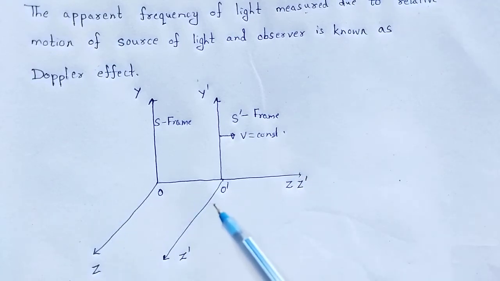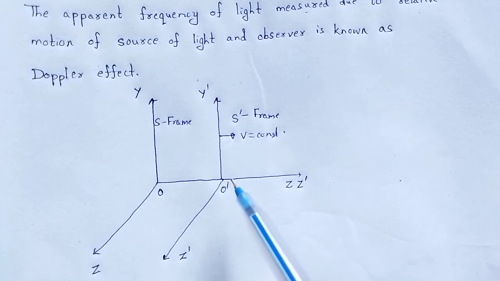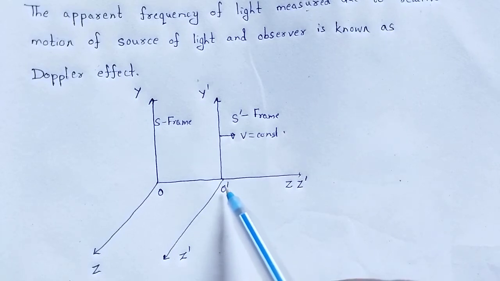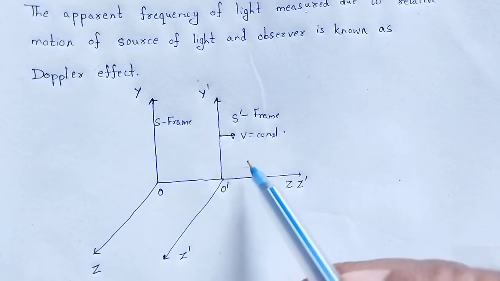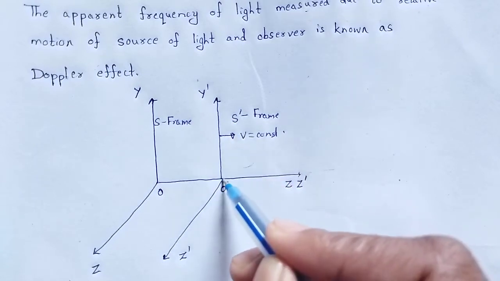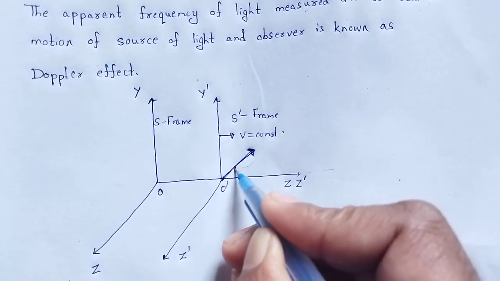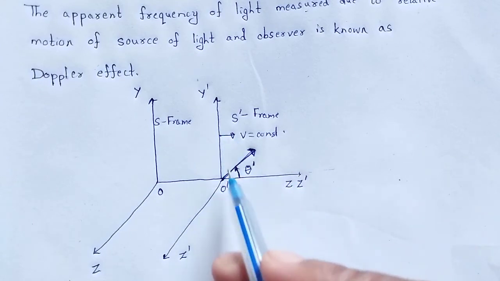Let a plane monochromatic light wave of unit amplitude be emitted from a source at the origin of the S dash frame. The rays are in the x dash y dash plane, making an angle theta dash with the x dash axis.